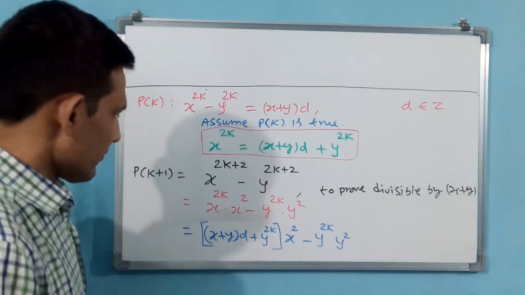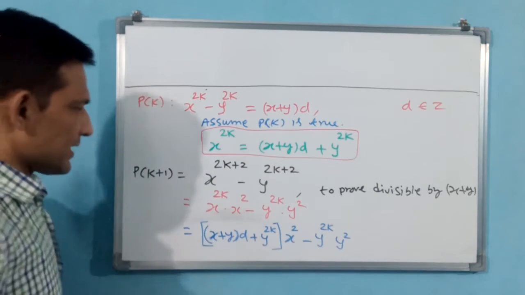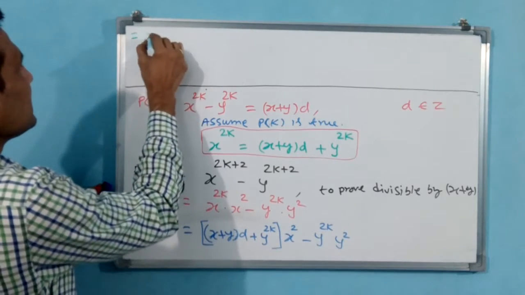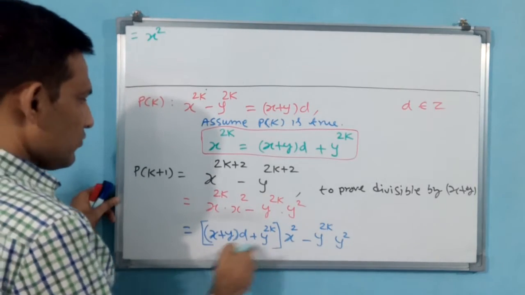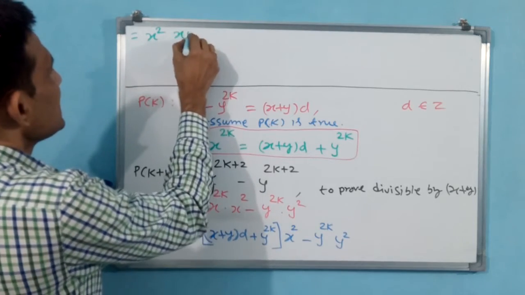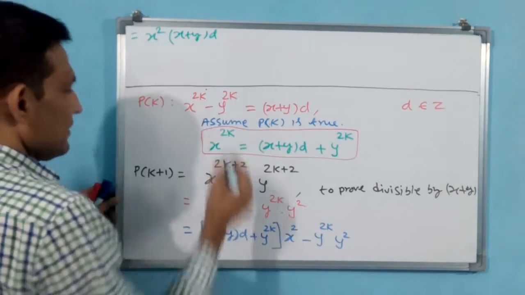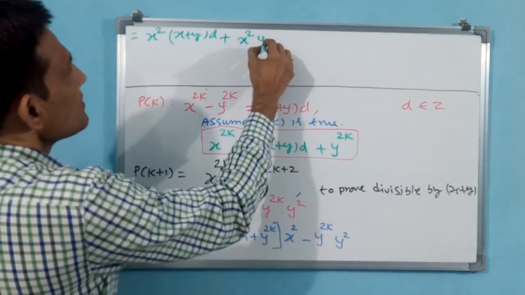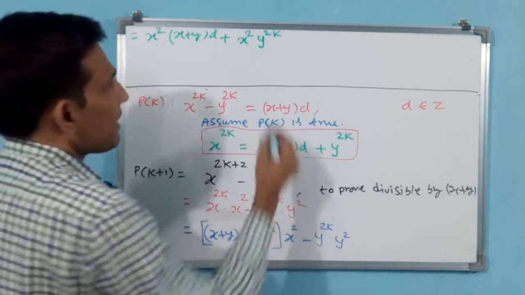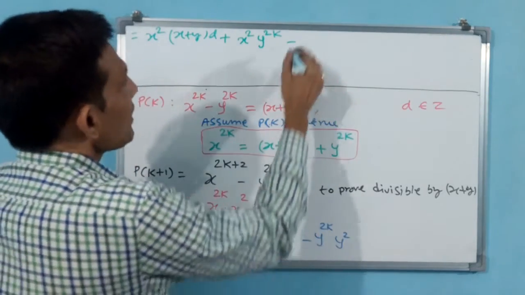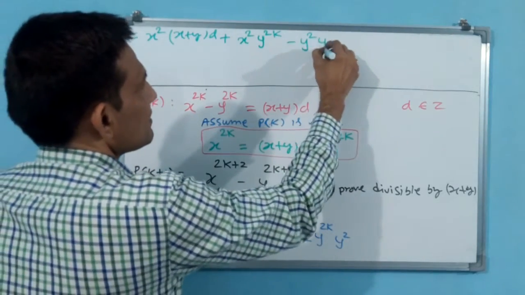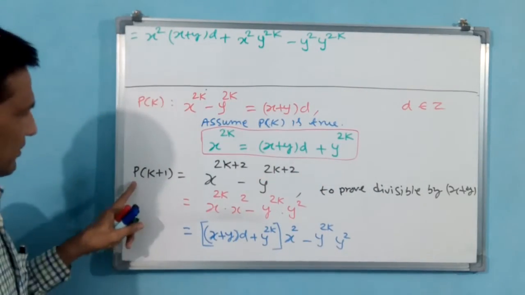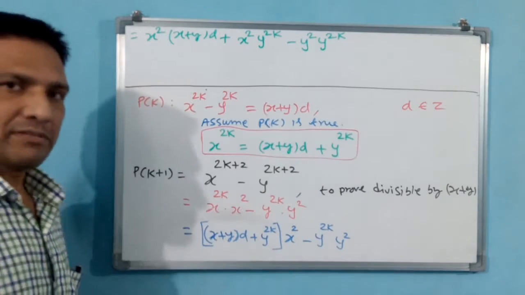I am going to send this inside. X square into x plus y into d plus x square into y to the power of 2k minus y square into y to the power of 2k. Is it correct? Now equal to, I have written already, that means P of k plus 1. Finally we write P of k plus 1.